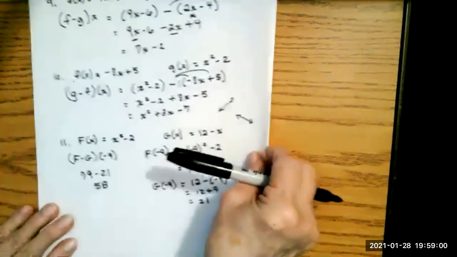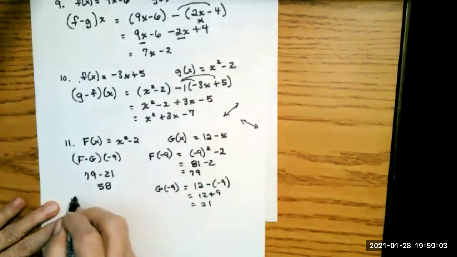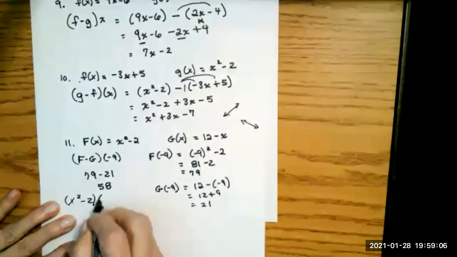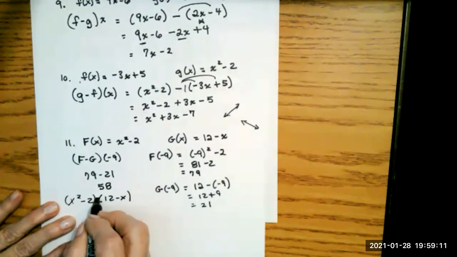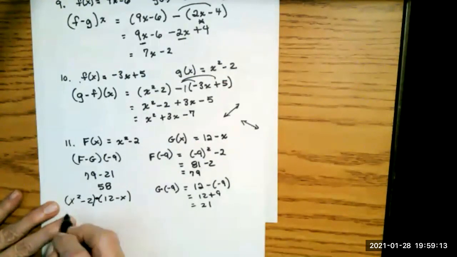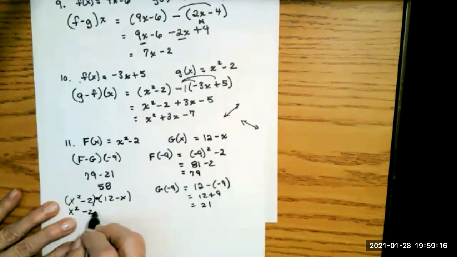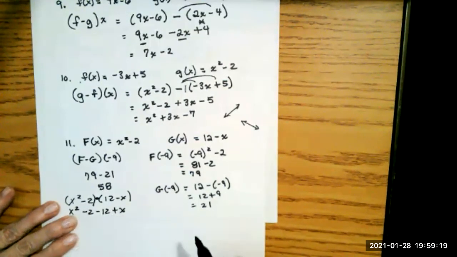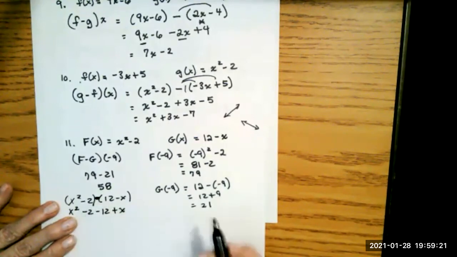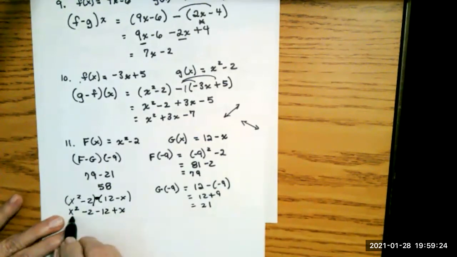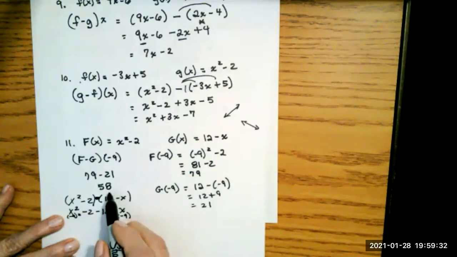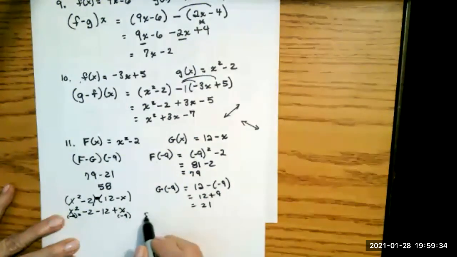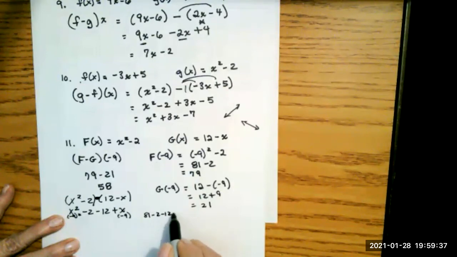And what I was saying is that you can subtract these functions first. x squared minus 2 times 12 minus x, I'm not times, but subtracting 12 minus x, and you get x squared minus 2 minus 12 plus x. And that's a minus in between there. If you put in your negative 9 here and your negative 9 here, I think you'll get 58. So that would be 81 minus 2 minus 12 minus 9.